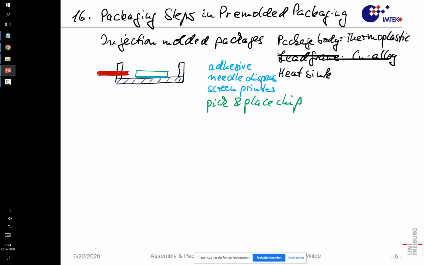What's the next thing we have to do? Yes, glue curing, very good. And in the exam, I will expect that you give me information on the curing conditions.